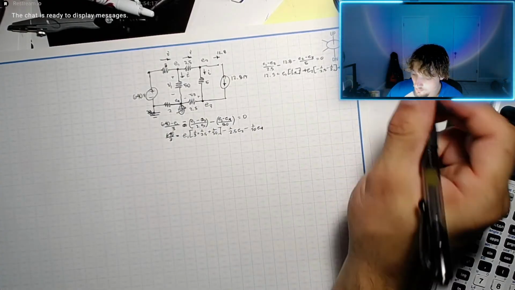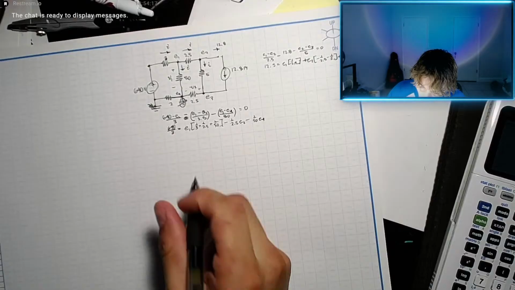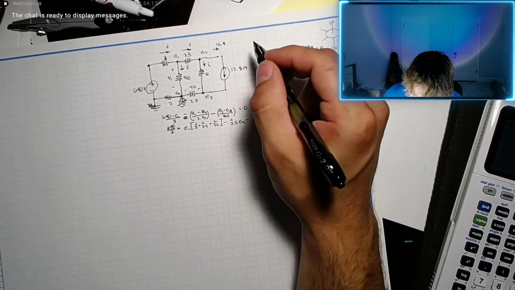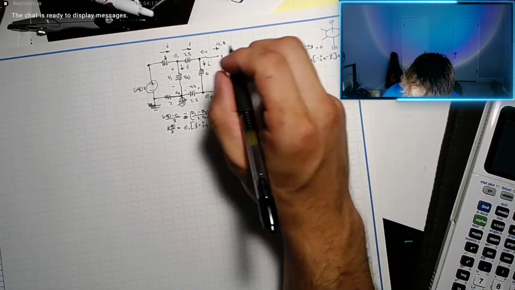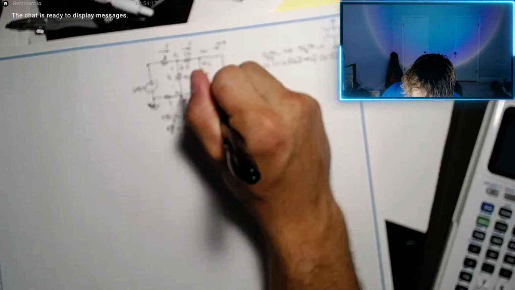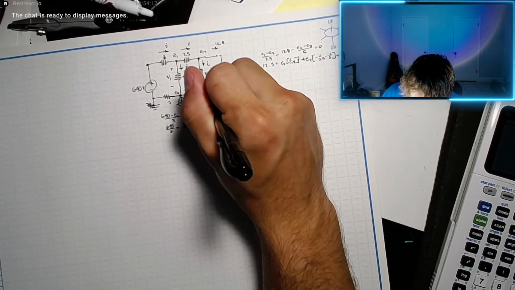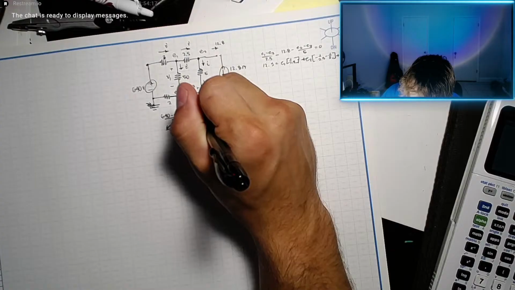Yeah. Okay, like that. Another equation. E3. We have this. We have that.